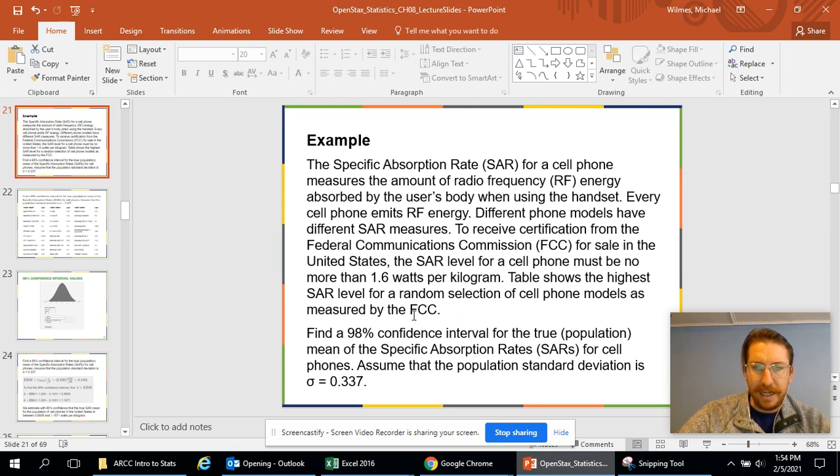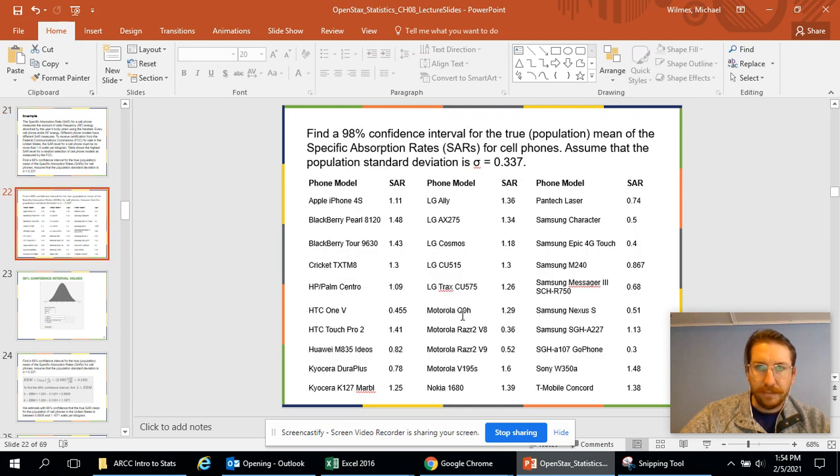We want to have a 98% confidence interval for the true population average of the specific absorption rates for cell phones. So we're going to take a group of phones and find the 98% confidence interval for where the average will be. And for this, we're going to assume the population standard deviation is 0.337.